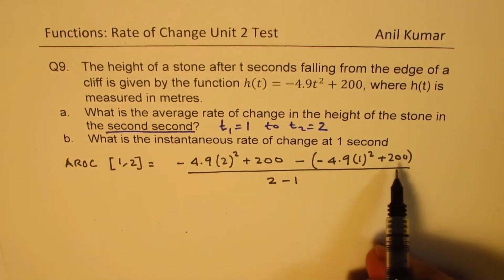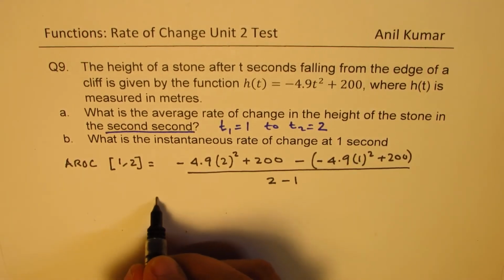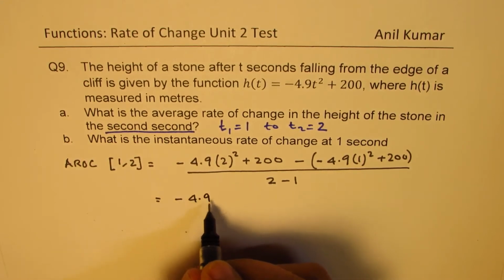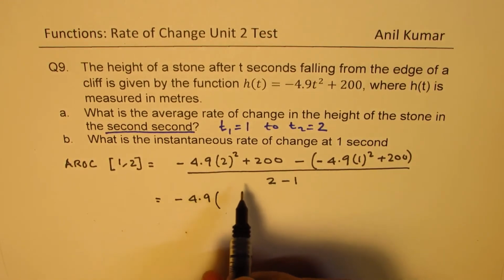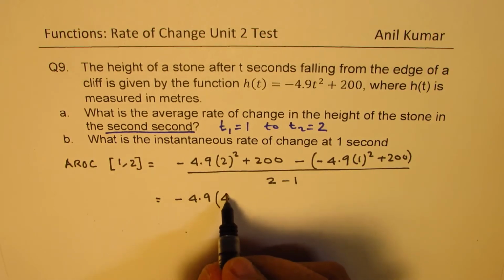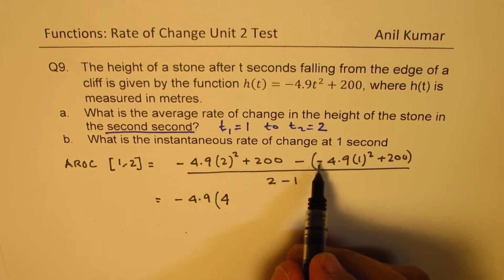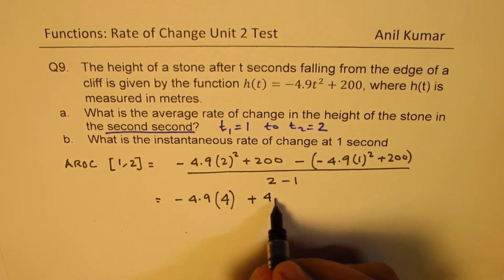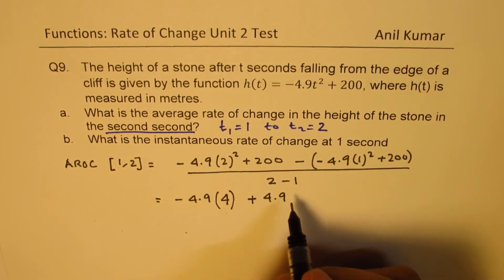Perfect. Now 200 will cancel, and you can write this as minus 4.9, and here we get 4. Minus and minus becomes plus. We get plus 4.9, right? So that is what we get.